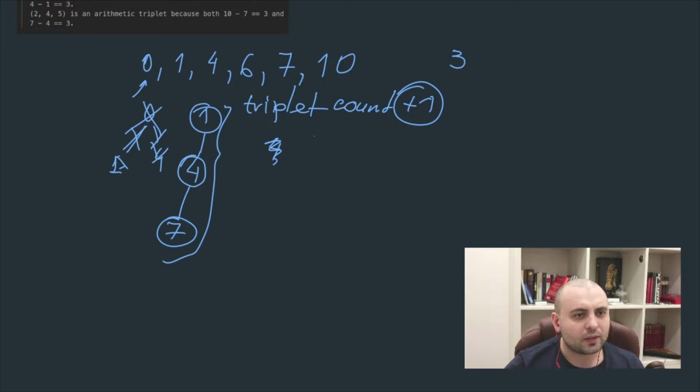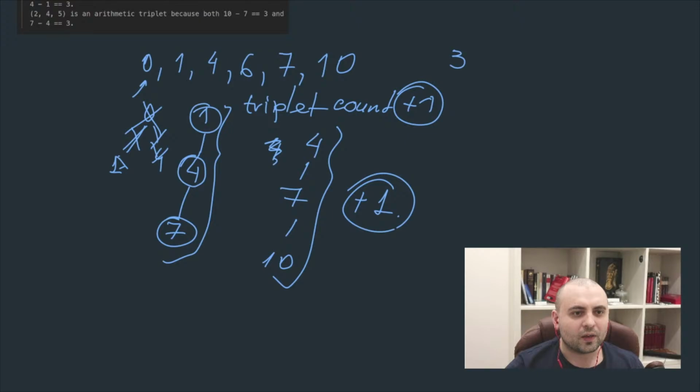The next one, so let's start with 4. So we need to find a 7, because 4 plus 3 will be 7, and then a 10. So if we find this, we have another triplet, and it will be another plus 1. And we'll continue for 6, and then for 7, and then for 10.